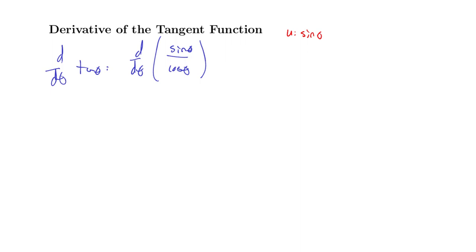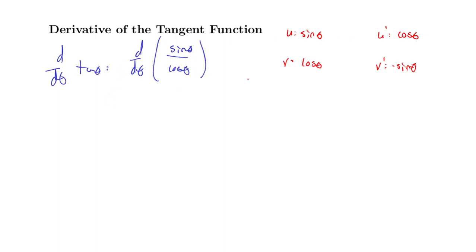All right, so the derivative of the tangent, let's work through this one together. d over d theta of tan theta is really d over d theta of sine theta over cosine theta. My thetas are pretty bad today, but oh well. What we can do is say, well, u is sine theta and v is cosine theta. And then we can set up our quotient rule by saying u prime is cosine theta and v prime is negative sine theta.